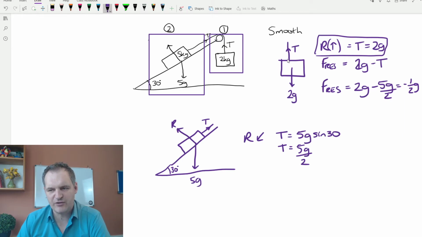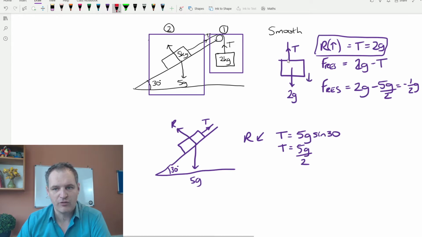If it's minus a half, I said that the resulting force was going to go this way, so a negative means I was wrong. The resultant force is going to go up, not down. So the resultant force takes the object upwards, and it will also take that object upwards, because this whole system will move that way, but not as fast as before.